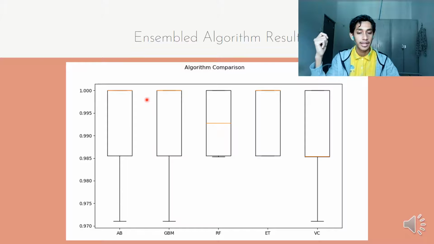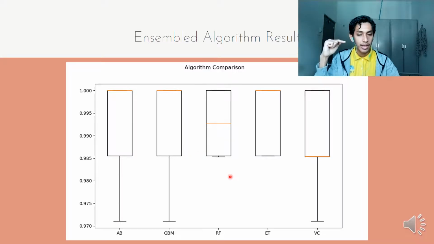This is the ensemble algorithm comparison for AdaBoost, Gradient Boost, and ET. It has a median of 1 mean. This means most of the time it will have almost 100% accuracy, but it still has a standard deviation until almost 0.985.